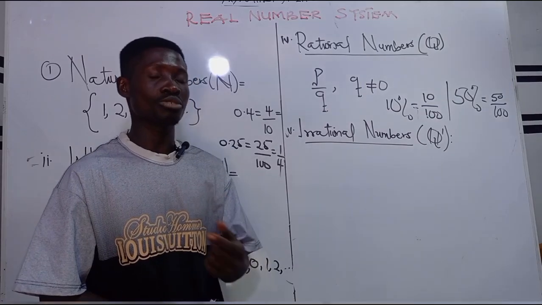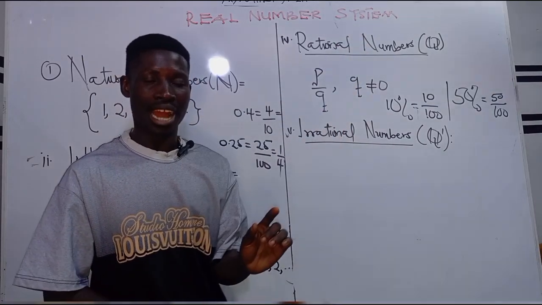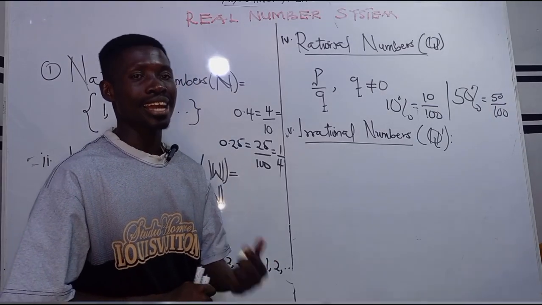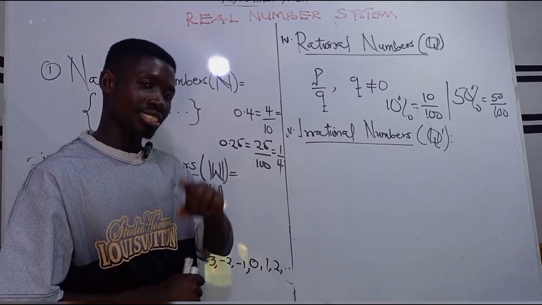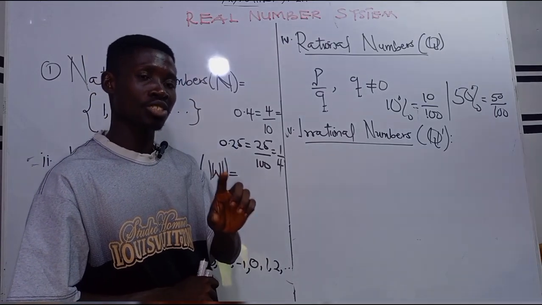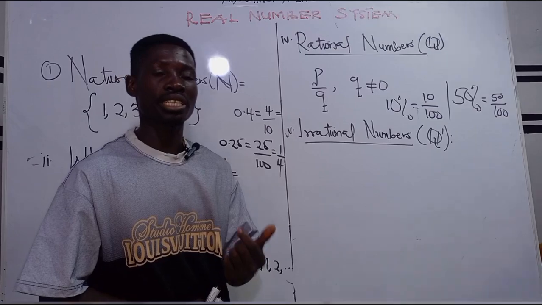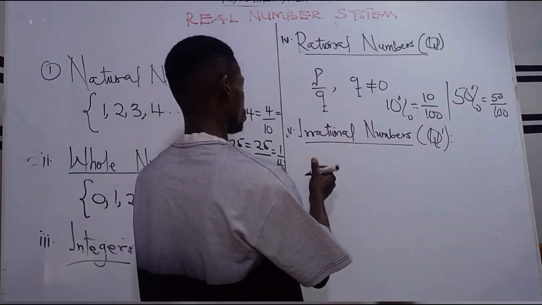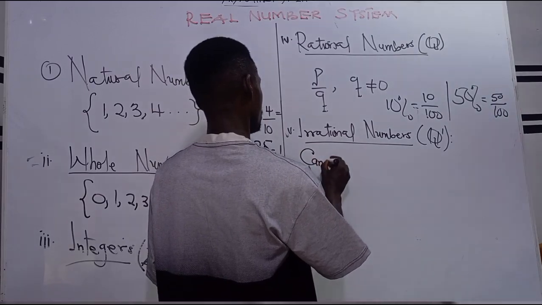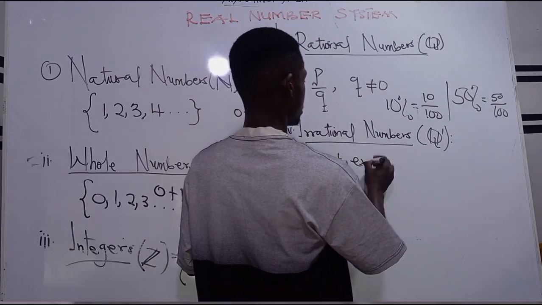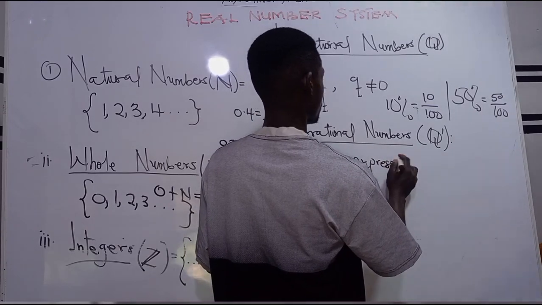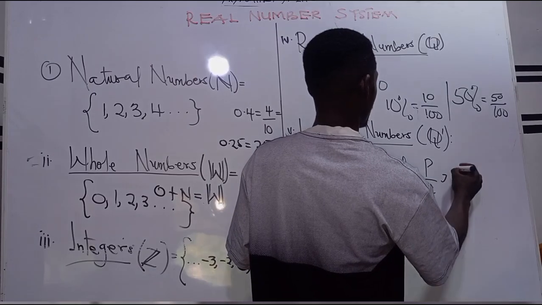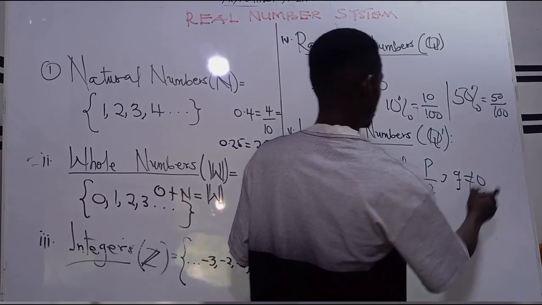Based on the concept that you have learned from rational numbers, irrational numbers are numbers that cannot, the emphasis is on cannot, be expressed as a fraction of two numbers. So with irrational numbers, we cannot express them as a fraction of P over Q, where Q is not equal to 0.